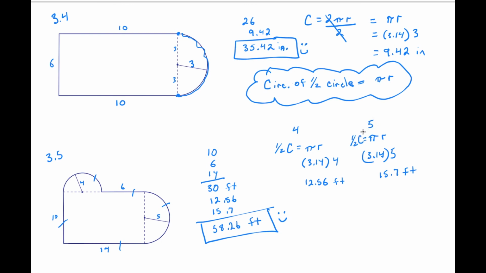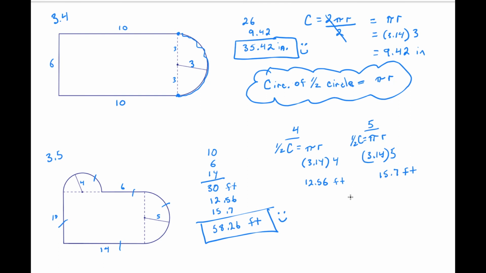And this was the 5, right? So the way we figured this out was up here. When we did the circumference of a whole circle is 2 pi r, but it's a half circle, so we divide it by 2. Those cancel out, leaving pi r for the circumference of a half circle. Or you could just say half of a c. Half circumference is pi r.